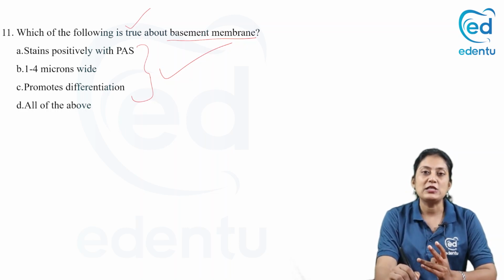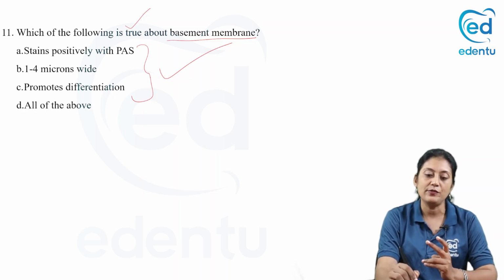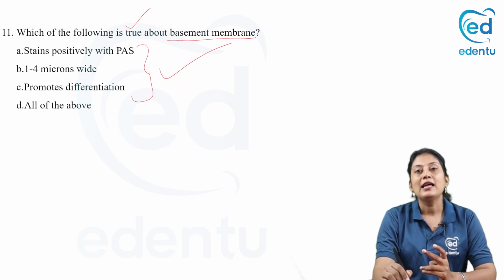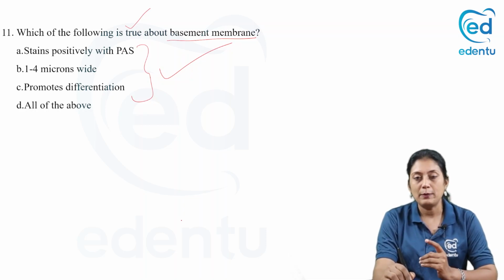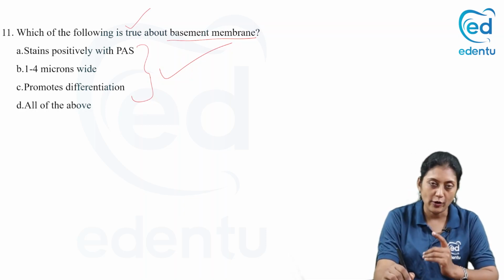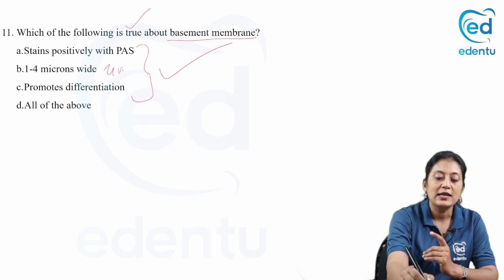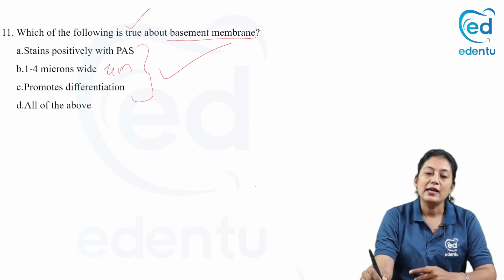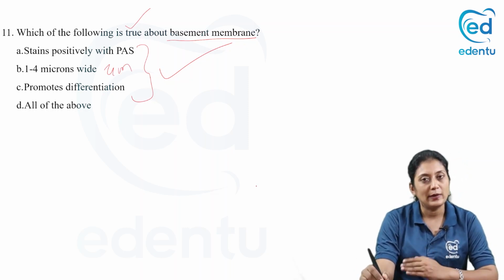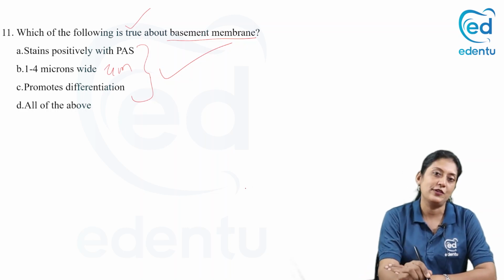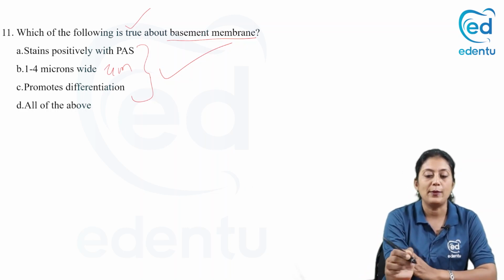The special stain that can be used for staining basement membrane is periodic acid Schiff. In short form, it is called PAS. The average thickness of a basement membrane under light microscopy is 1 to 4 microns or micrometers. The function of basement membrane is, it serves as an attachment between epithelium and connective tissue, and it also promotes differentiation of cells. So, all of the above is the right answer.